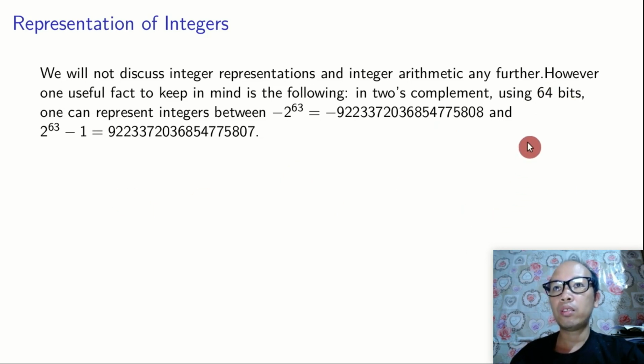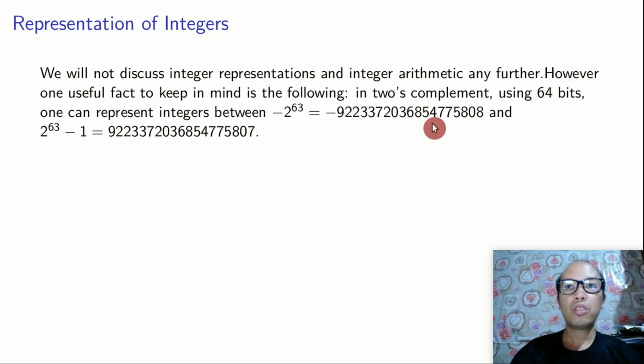And I will ask you a question, of course. What if you are using a 32-bit? What is the smallest negative number? What is the largest positive number? Using 32, using 16, using 8, okay, using 1 to 8.